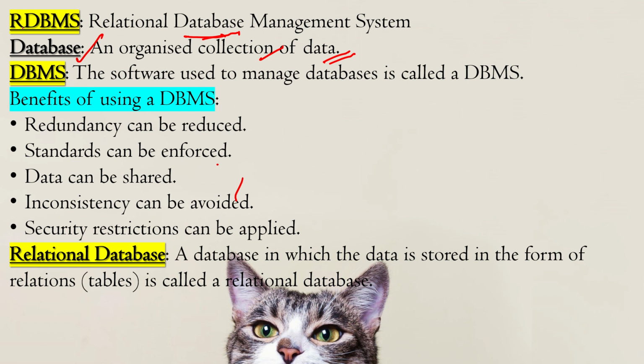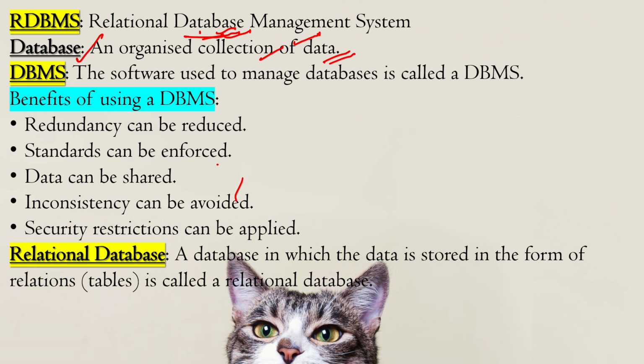Without relational, what is a database management system? A database management system is a software which is used to manage all the databases. You can form a sentence from the words given here, DBMS, Database Management System. It is a software which is used to manage databases.